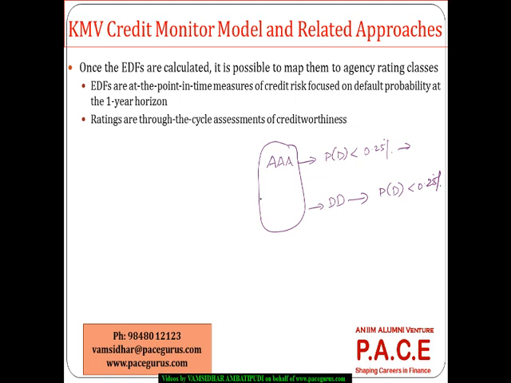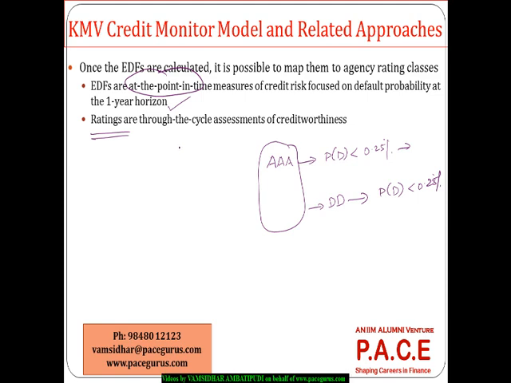But of course, there are a few criticisms that come even on this. Whatever the distance to default or the expected default frequency that we have computed is purely based on the point in time as of today, and we are looking at the probability of default in 1 year, and that's how we have segregated the short term versus the long term. Whereas when we talk about ratings, they are not point in time, they are a through-the-cycle kind of approach, and they generally don't look at just 1 year, they look beyond 1 year.